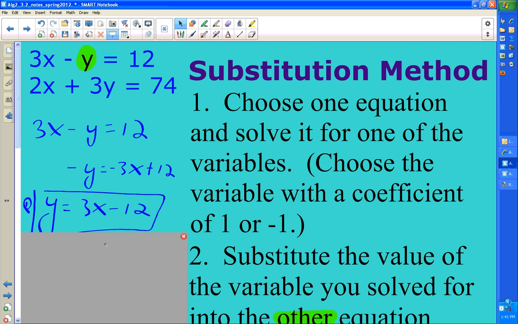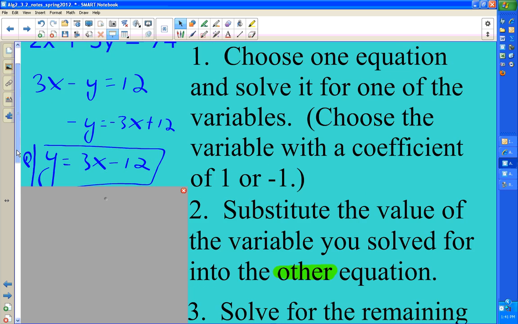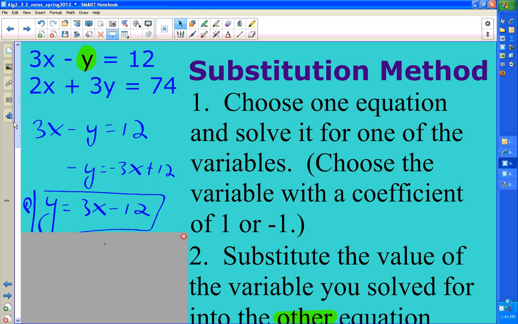Step number 1 is done. Step number 2. Once you have a y equals or an x equals, take whatever y is equal to and substitute the value of that variable, in this case y, into the other equation. So we go back to the beginning, we say, well, which equation did I solve?